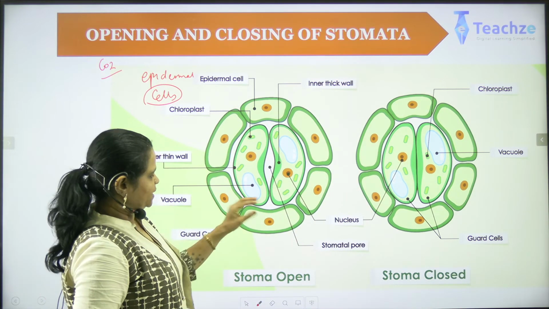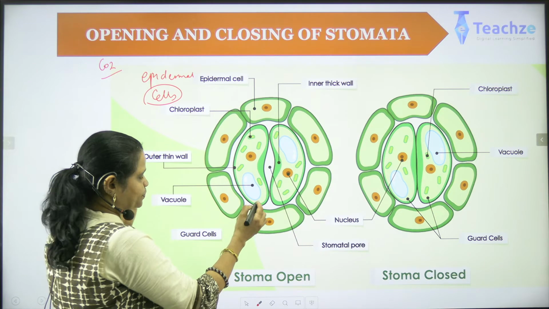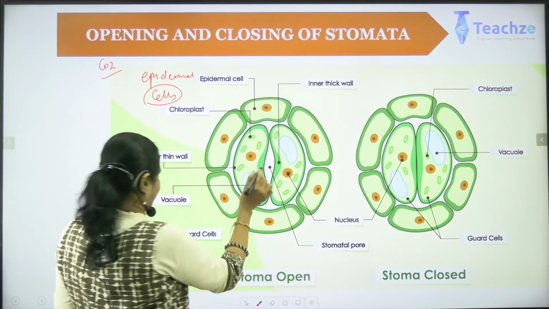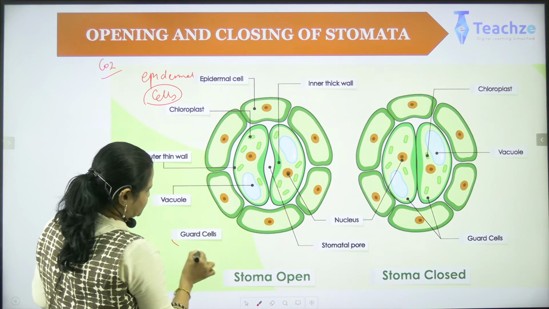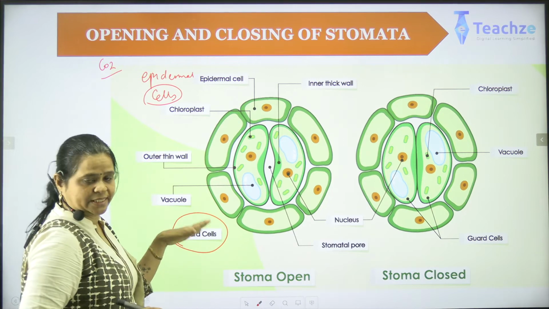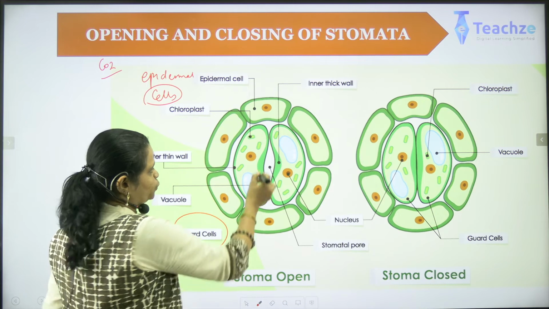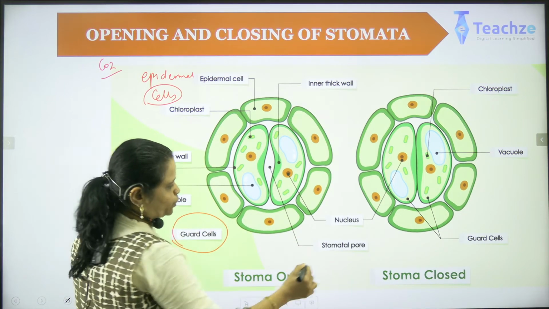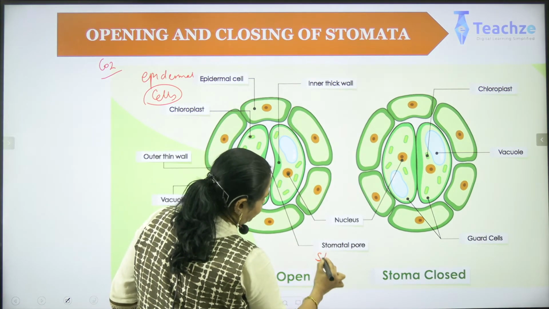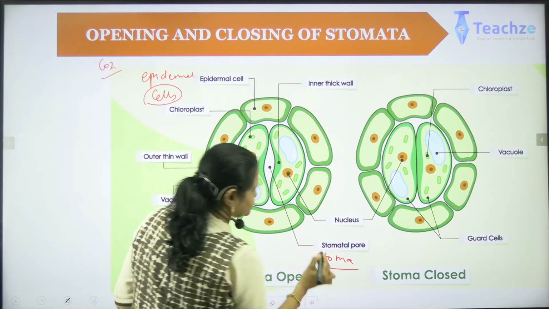Now, what is the general structure of stomata? Stomata consists of two different kidney-shaped or bean-shaped cells which are called as the guard cells. Now, when the guard cells are moving apart, you find there is an opening which is called as the stomatal pore, or you can just give the term stoma.